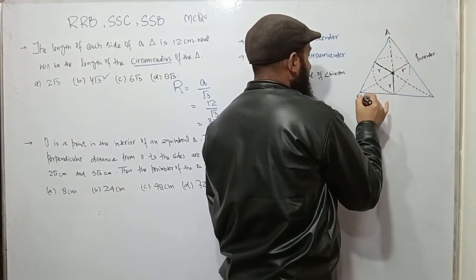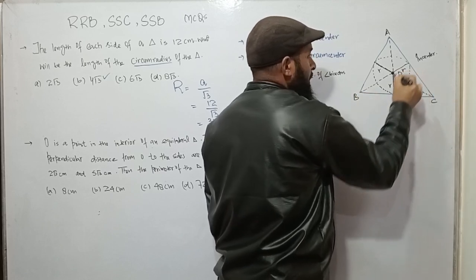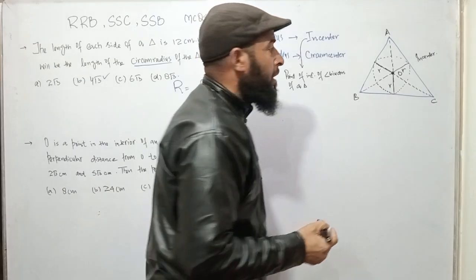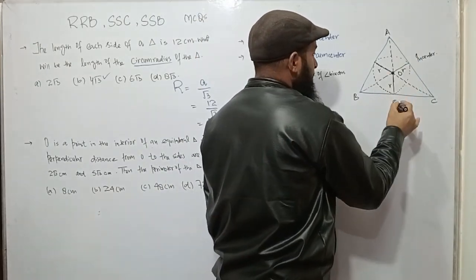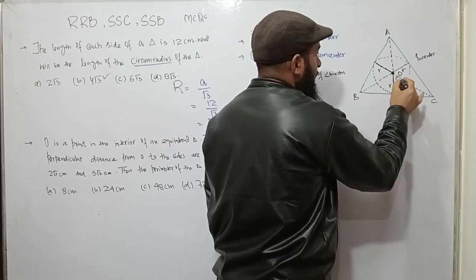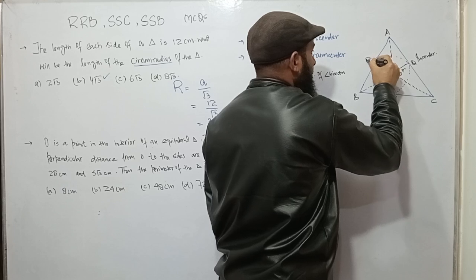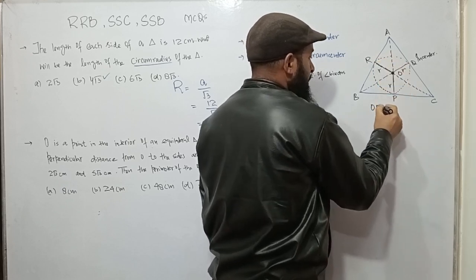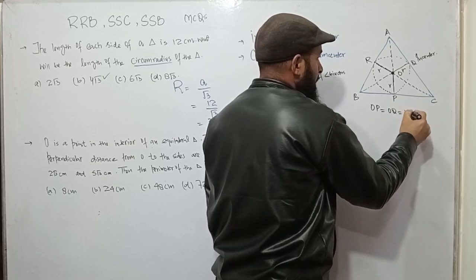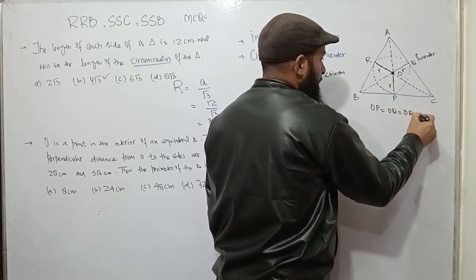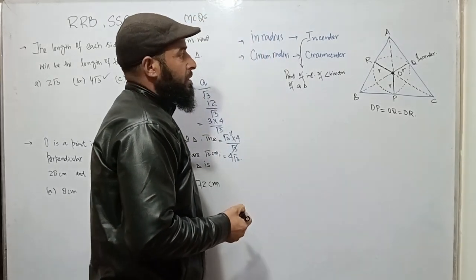If we have A, B, C, and this O is our incenter, or you can denote it by I, we can write P here, Q here, and R here. We have OP is equal to OQ is equal to OR. This point O is equidistant from these sides.